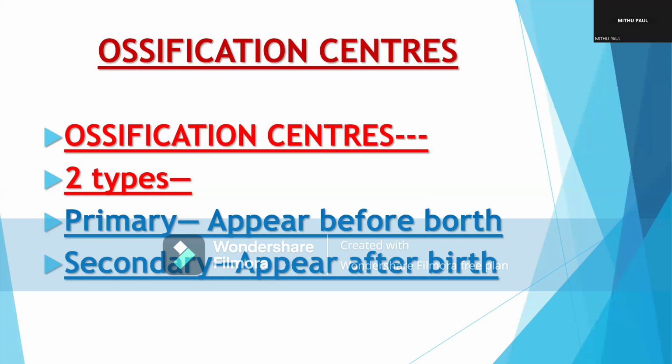Those centers that start ossification in these models in embryonic life are known as primary ossification centers. Some areas of those cartilaginous models develop additional ossification centers after birth, and these centers are known as the secondary ossification centers.